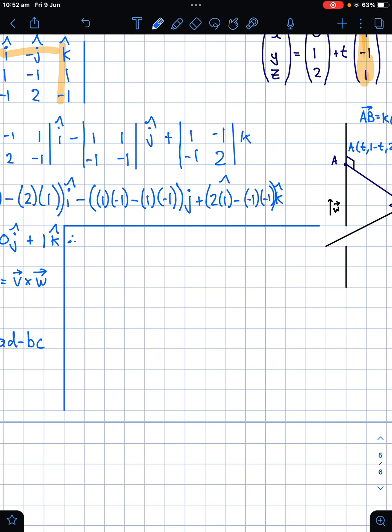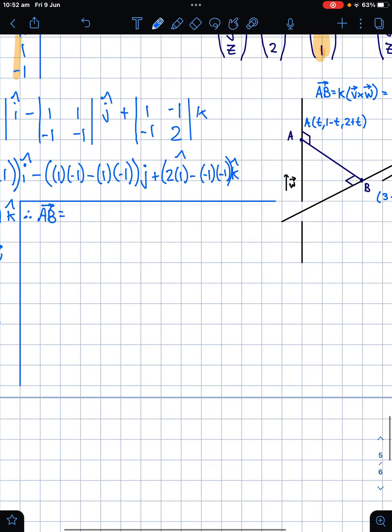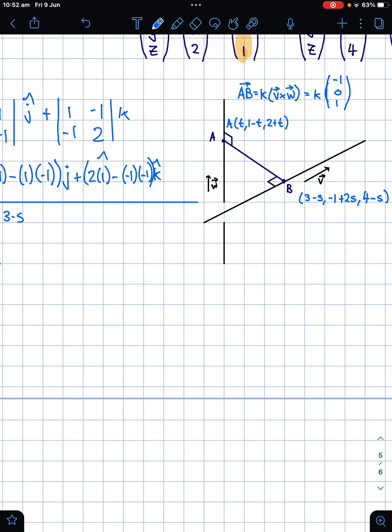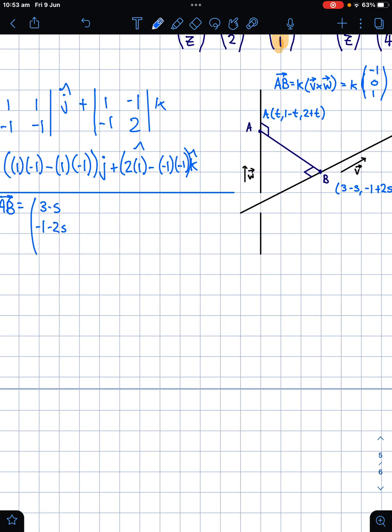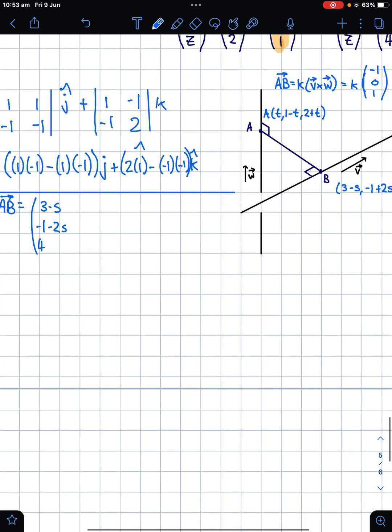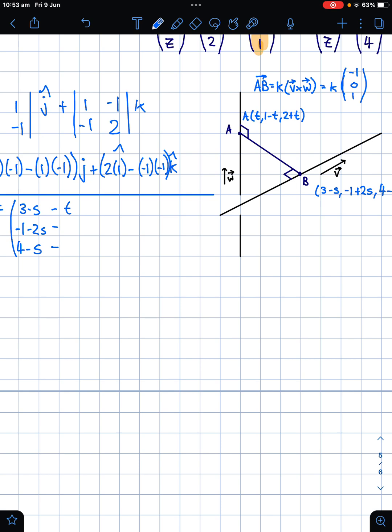So therefore, A to B is going to equal our B coordinate, which is going to be 3 minus S, -1 plus 2S, and then we've got 4 minus S. Okay, and then we're going to minus. We now put our A coordinates in, which is T, 1 minus T, and then 2 plus T. Okay, and now I'm putting them all in brackets just so we don't get them confused.